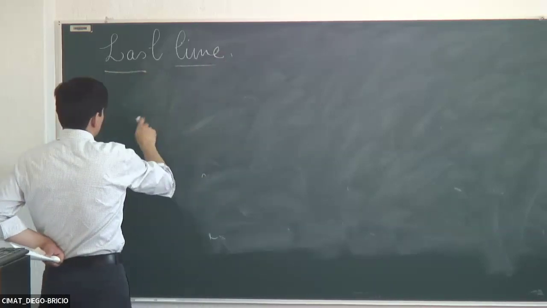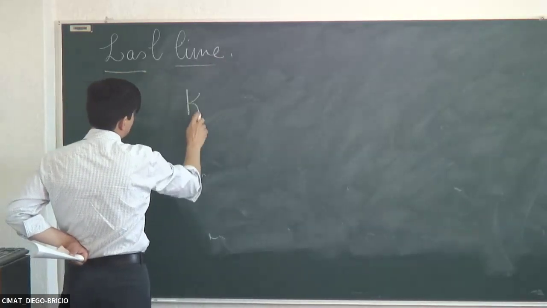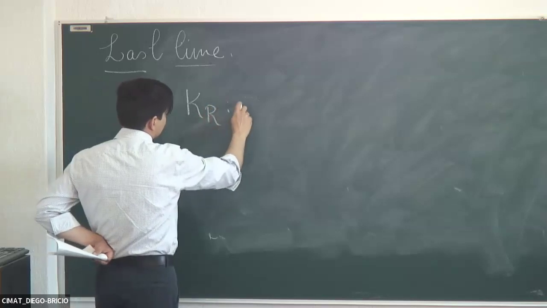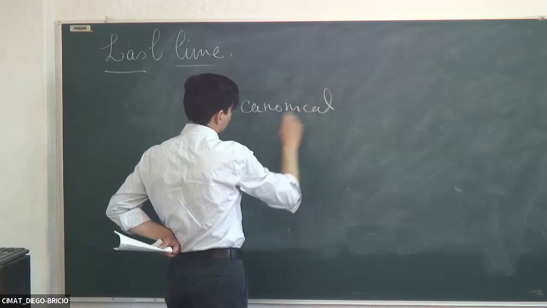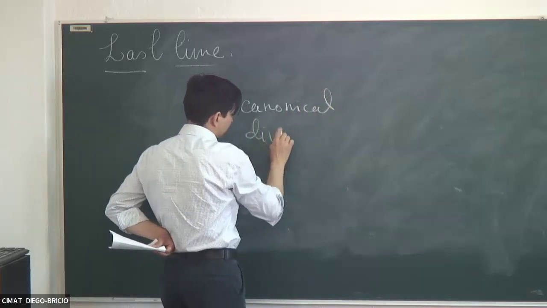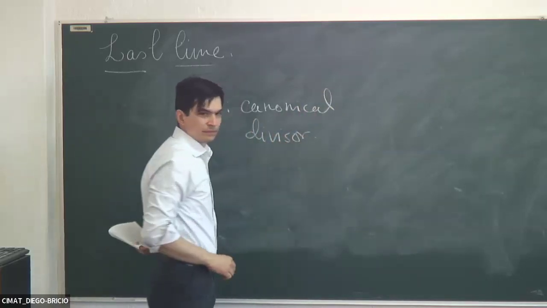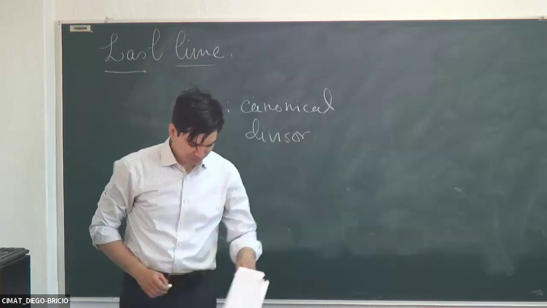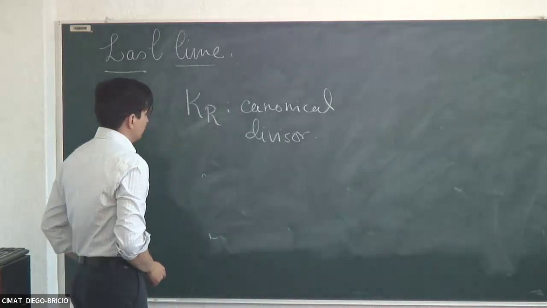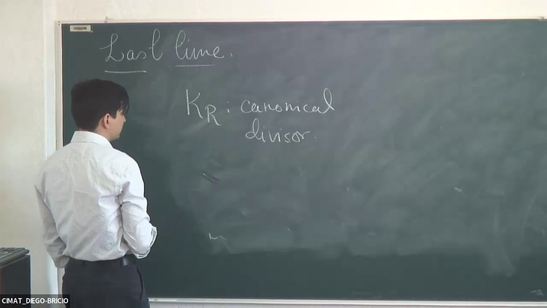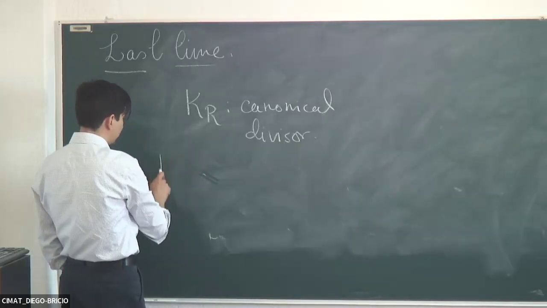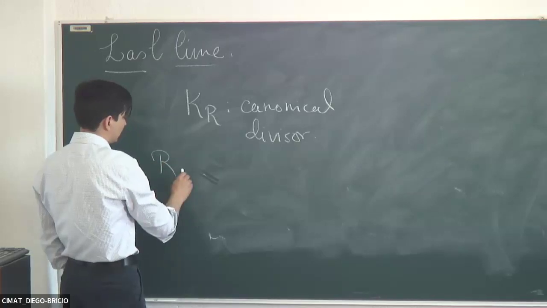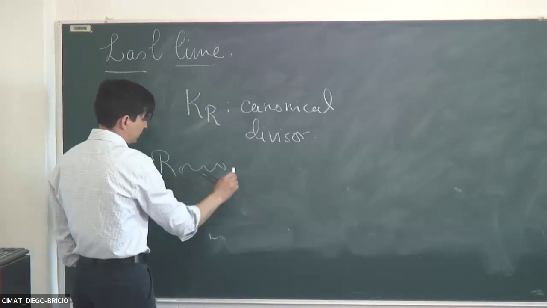I think last time we managed to define the canonical divisor. Right? So for this, what do we need? So we needed R. Well, first of all, R has to have a canonical module.